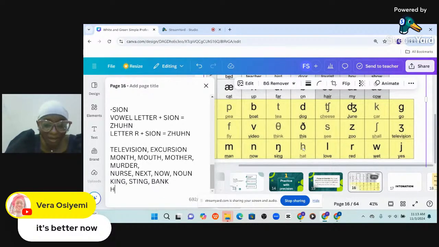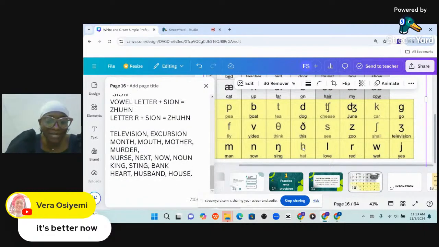Now the next sound I have is h. I can have it in words like heart. I can have it in husband. I can have it in house. Now, there are some words that have letter H when you spell them, but when you pronounce them, you should not pronounce the letter H. We call them silent H words.